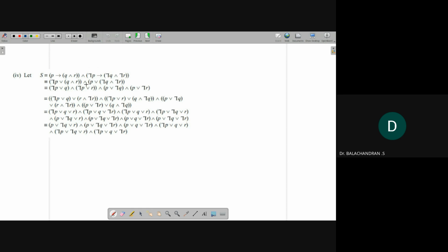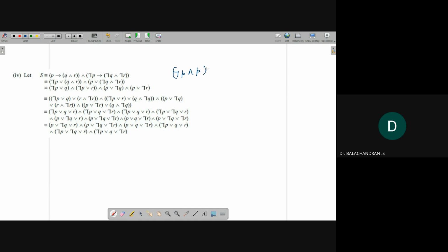So what you'll get is negation P and P R. That means you will get a DNF. Even if you apply extended distributive law, you will get a DNF. From DNF, you should get what? Suppose I'll write here, negation P and P.